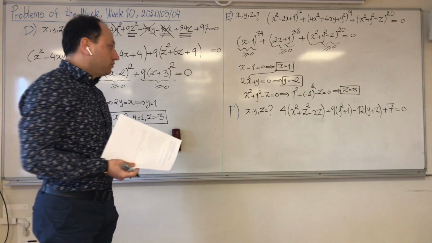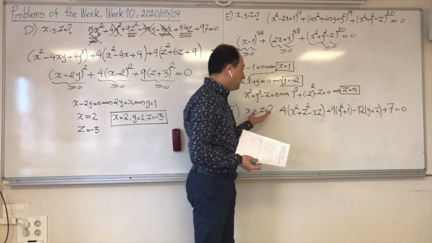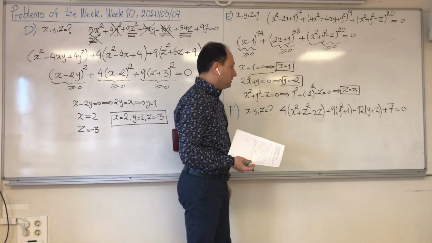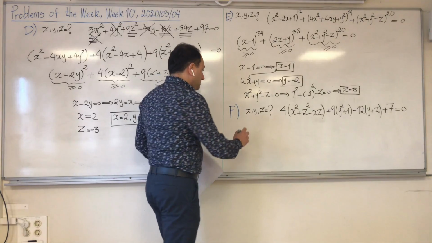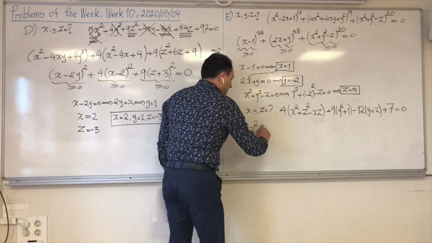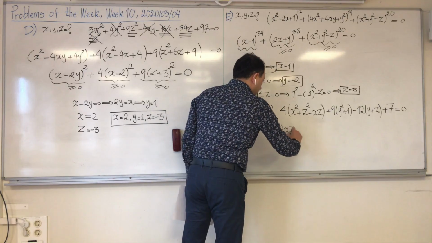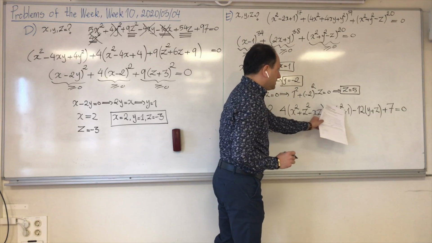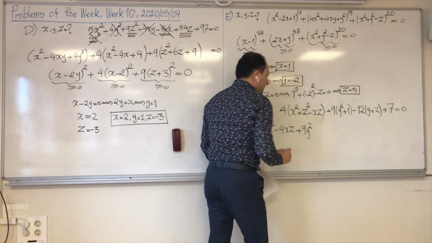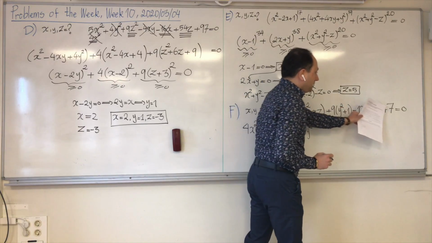Okay, what we can do. The only thing that I can think about is to multiply these numbers, yes? So let me multiply to see how it is going. So it is 4x squared plus 4z minus 4xz, yes? Let me multiply this 9 here. So this becomes 9y squared, and I will have plus 9, and I have a 7 at the end.